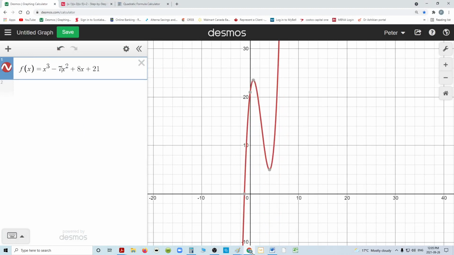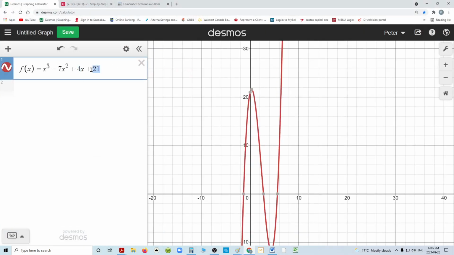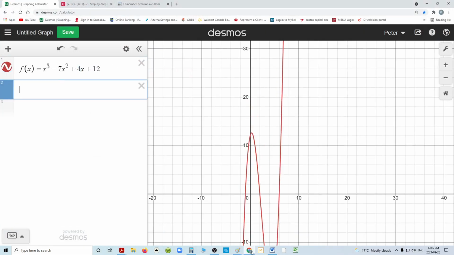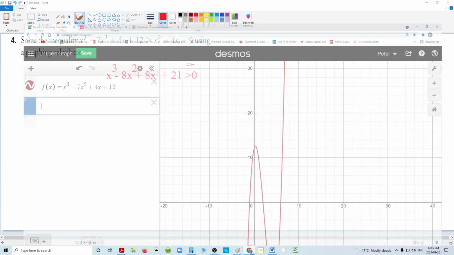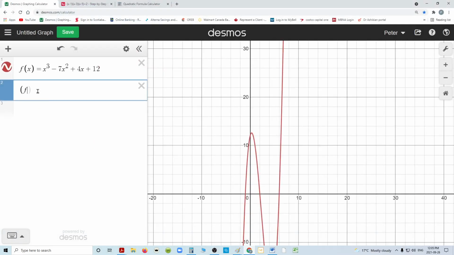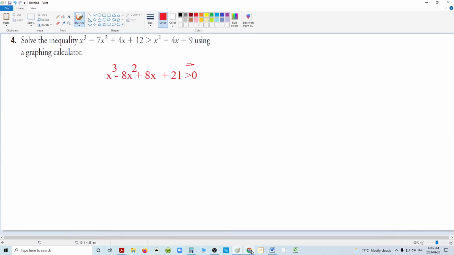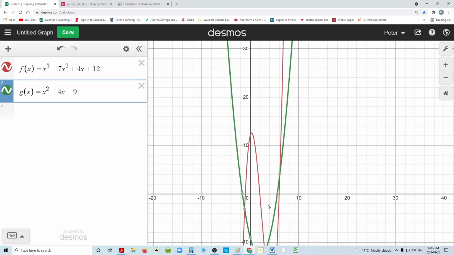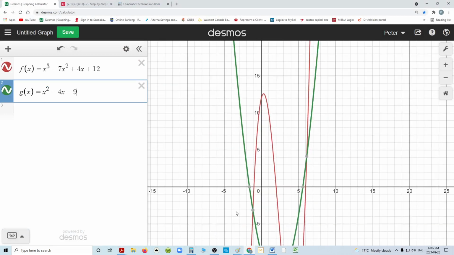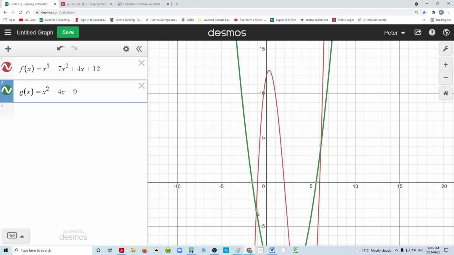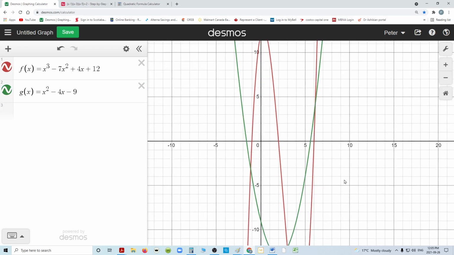Look at the two graphs, 4x plus 12 versus the parabola, x squared minus 4x minus 9. Well, you can also see, okay, that's when they have a cross point, that's when the red gets above.